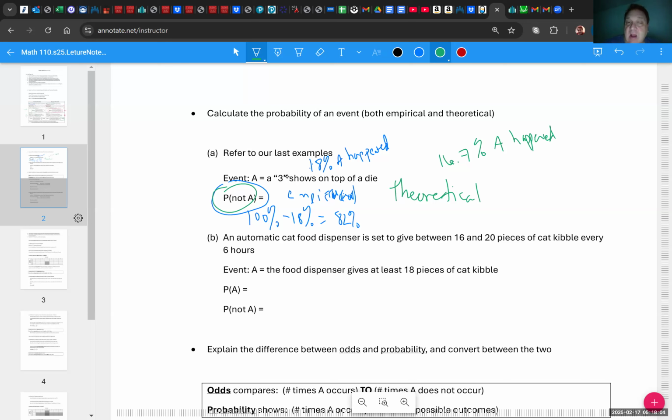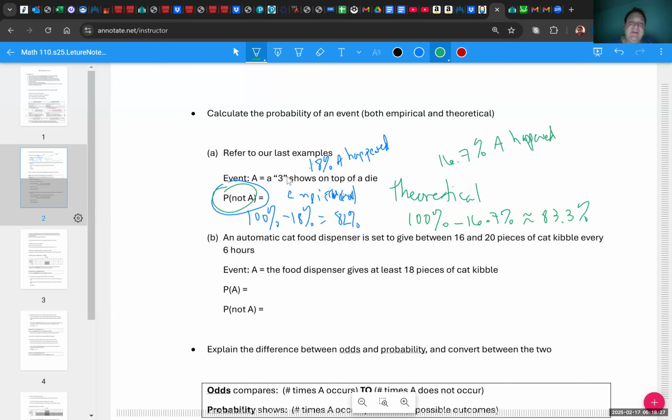So our not A would be 100% minus 16.7%, which is approximately 83.3%. Okay, so there's the example of how to find not A happening.